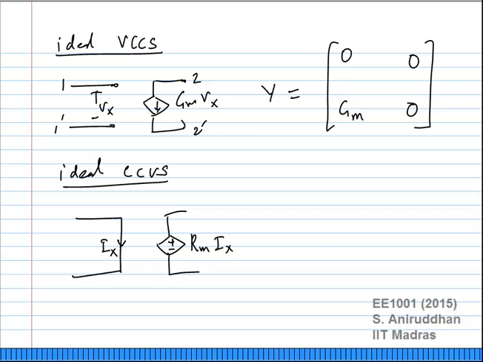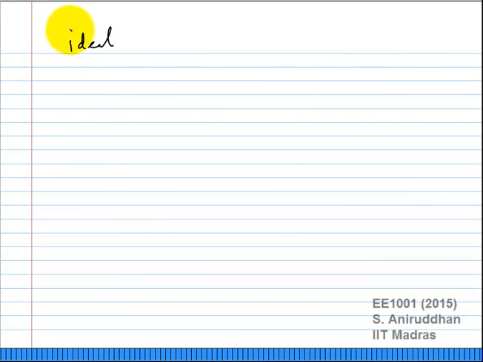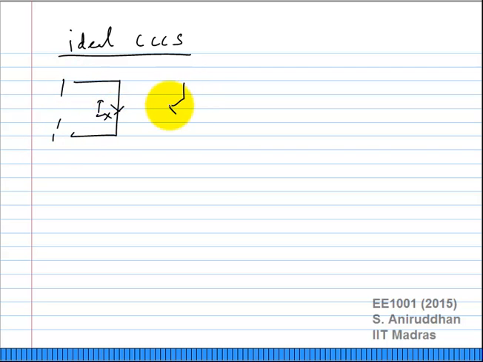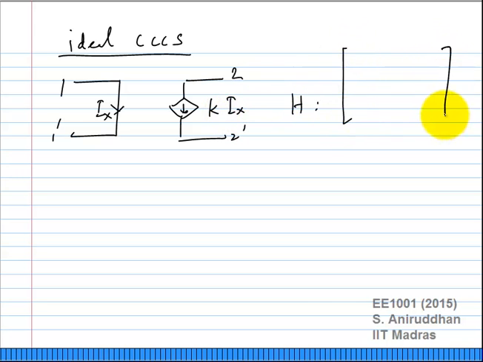These are Z parameters. If you look at the Z parameters, you will get 0, 0, Rm and 0. If you look at the ideal current controlled current source, the H parameters will be the most suitable ones and you will get 0, 0, K, 0.